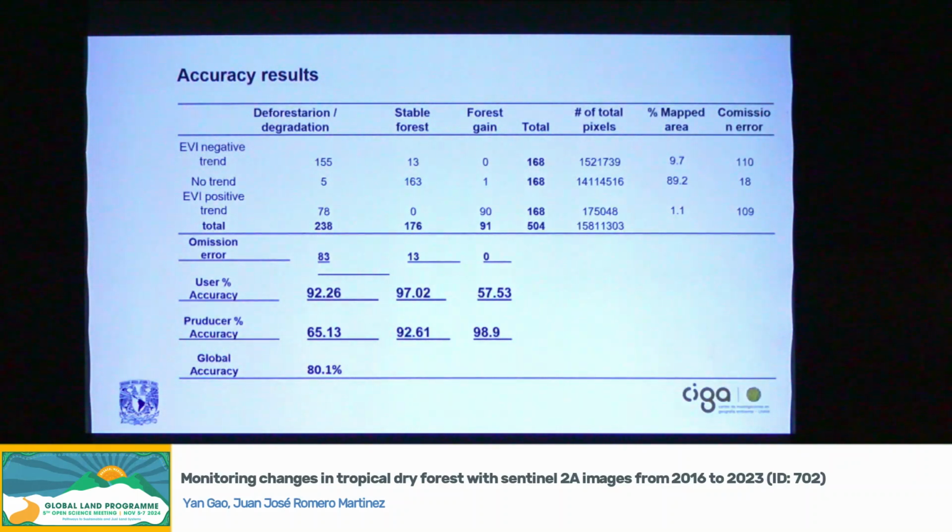Actually, what the colleague wanted to emphasize is to show the accuracy for the gaining trend and also the losing trend. But I don't think the overall accuracy is that important. Yes, you're right.